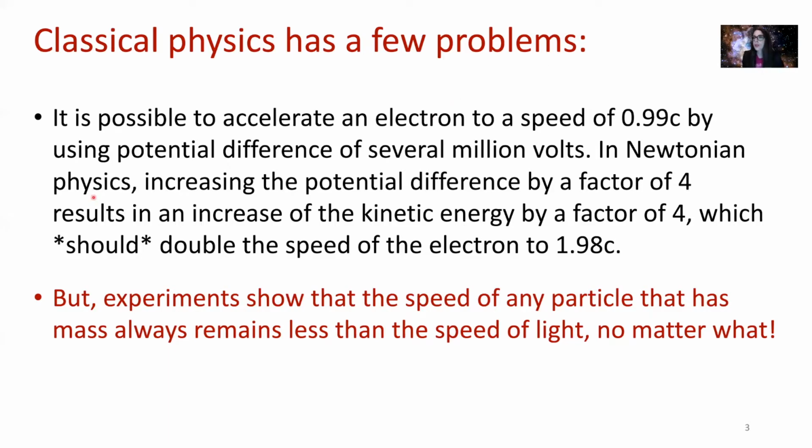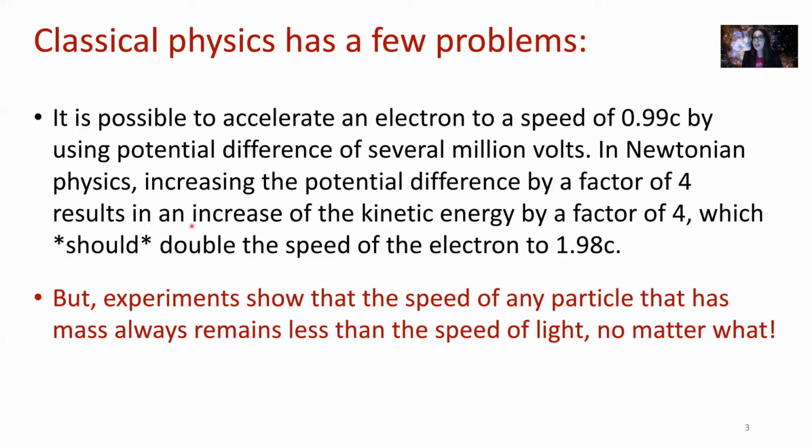So in Newtonian physics, or that's our classical physics representation, increasing the potential difference by a factor of 4 will result in an increase of the kinetic energy by a factor of 4, which should double the speed of our electron to 1.98 c, 1.98 times the speed of light.